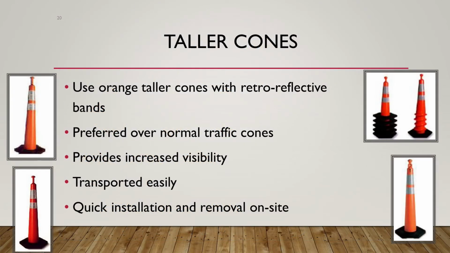Taller cones are important. Use orange cones with retro-reflectorized or reflective bands. Now, when we talk about retro-reflective bands, all we are really meaning is that when a light source hits that retro-reflectorized tape or band, the light bounces back and returns to the source.